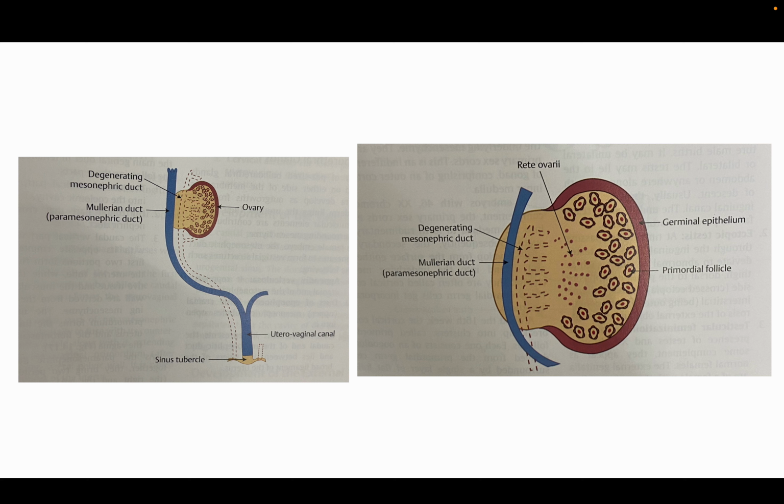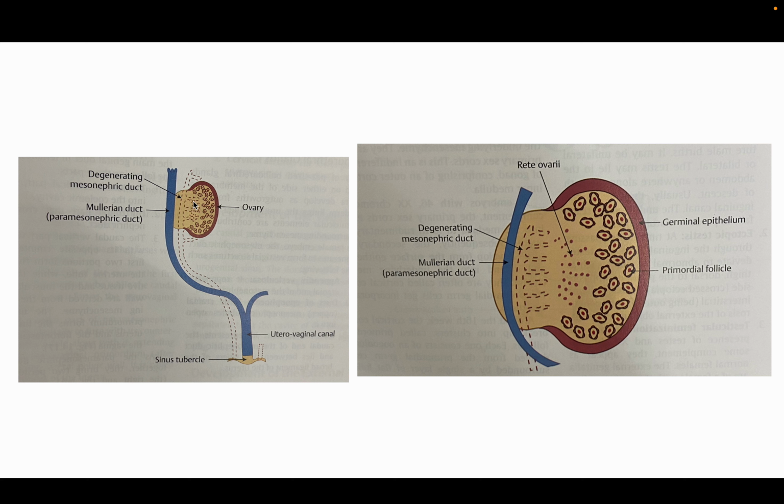So this is the diagram showing the same thing, that is the paramesonephric duct, which is going to contribute to the uterus and vagina. The mesonephric duct is degenerating, because no communication is to be established in case of the ovary. It is only in case of testes that the efferent ductules are formed, so that communication is formed with the rete testis.